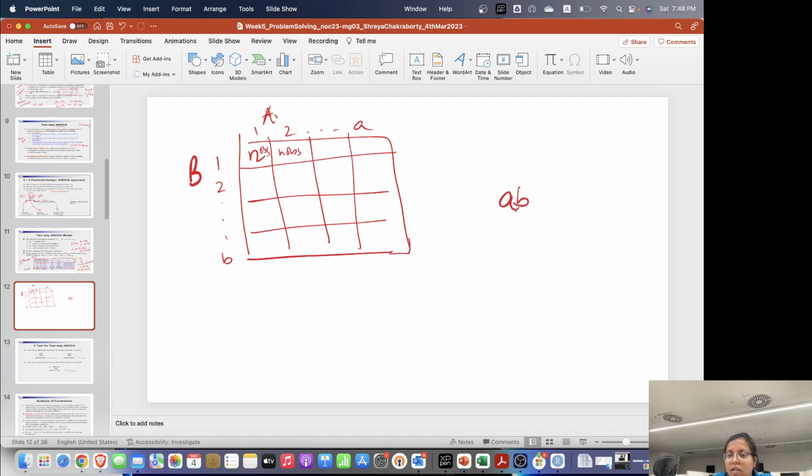There are AB boxes, and each box has n observations. So then that will become my capital N, and the degrees of freedom will be capital N minus 1.